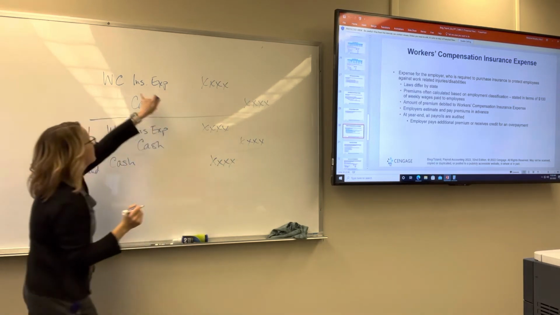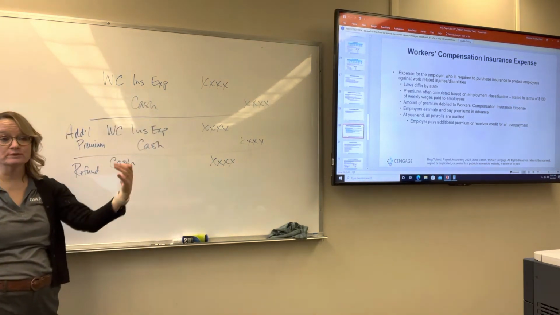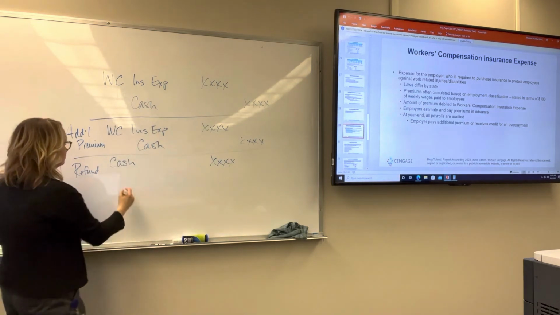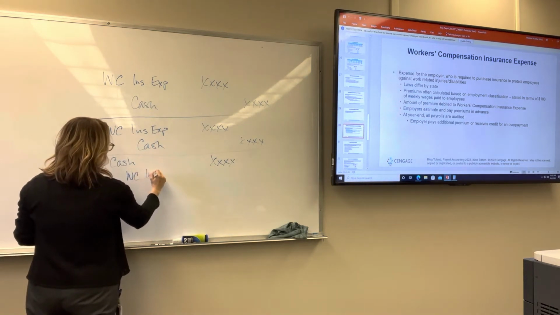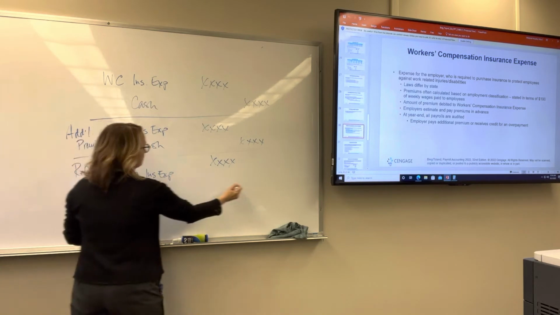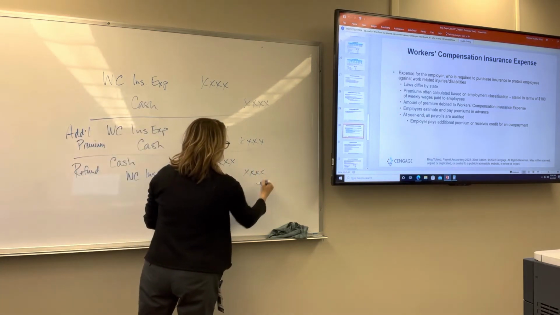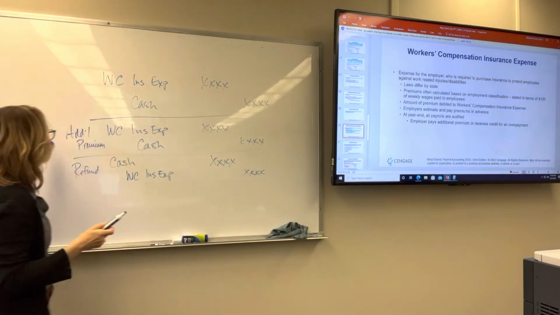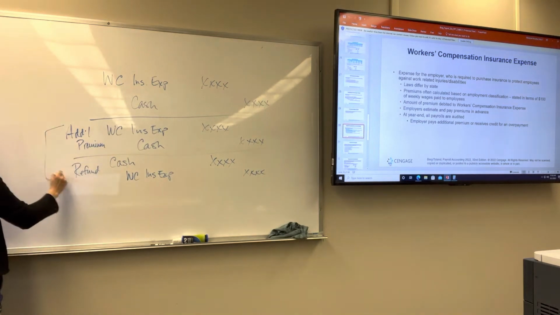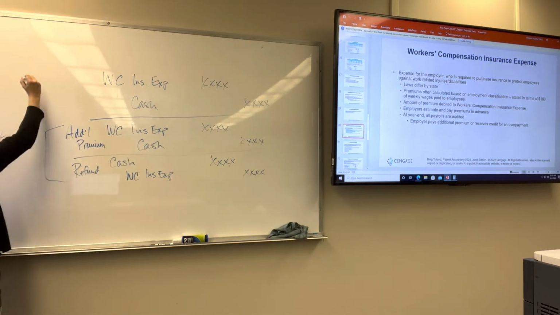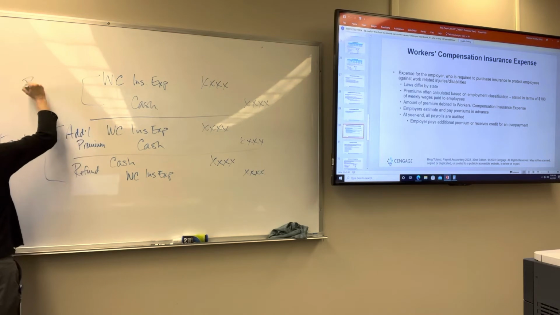And we're going to credit that workers' compensation insurance expense, so it reduces the expense for the year. Okay, so we've got one of two scenarios, and this is the end of the year, and this is the beginning of the year.